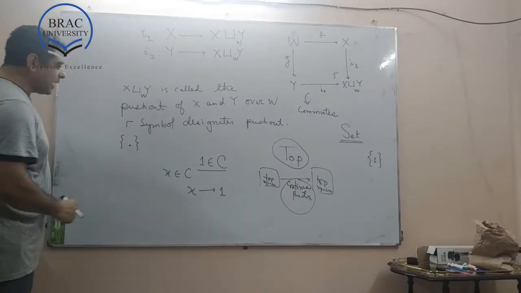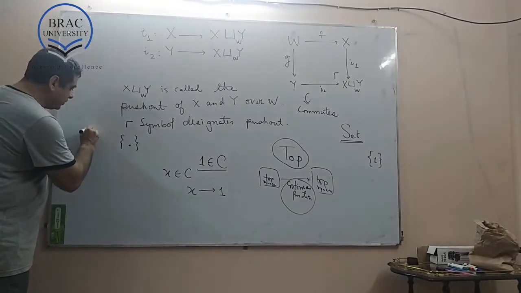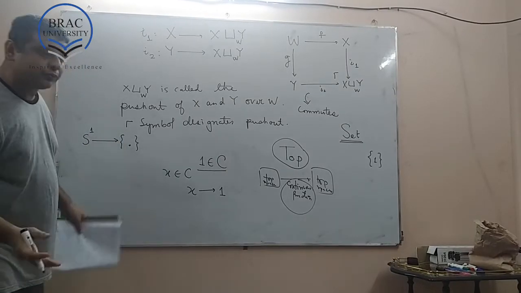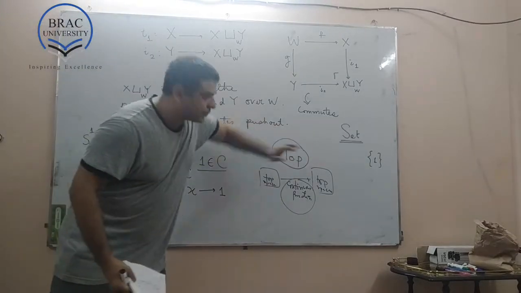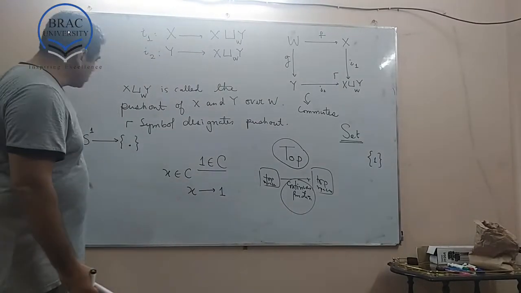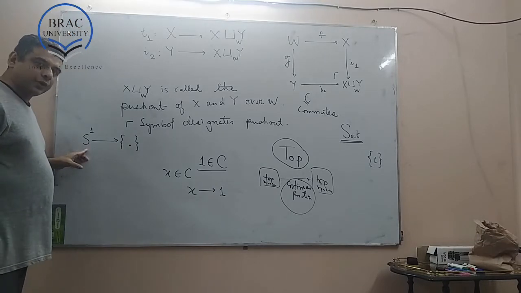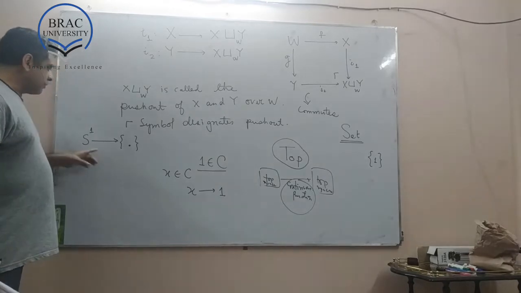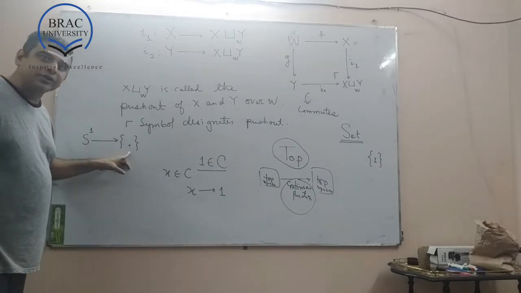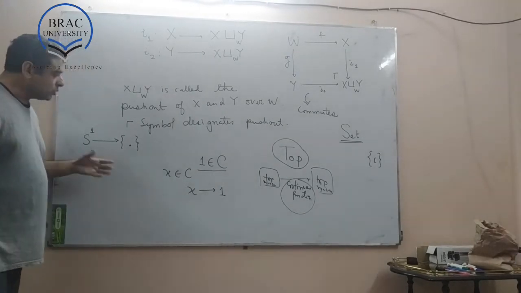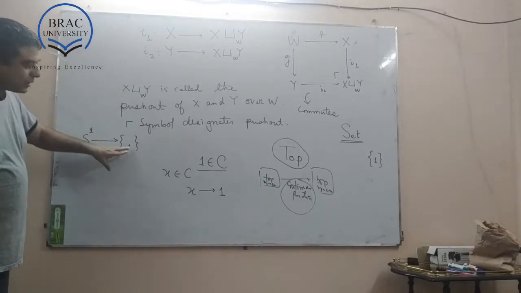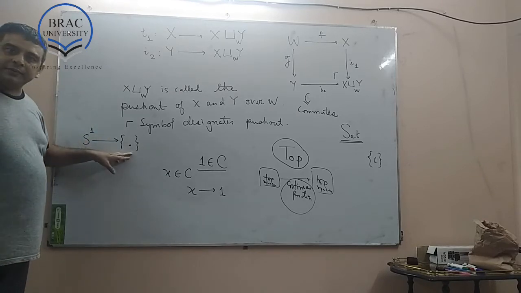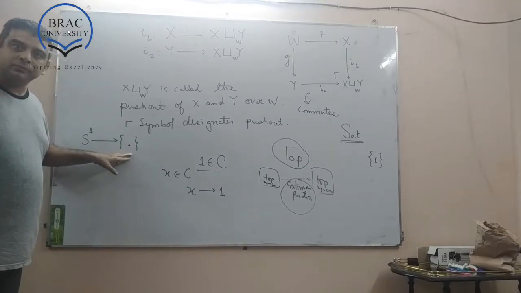So, if I take another topological space, which is a circle, then I have a unique morphism. And what is the morphism in this context? The morphism is a continuous function. So, if you have a circle, then there is a unique continuous function from the circle to this one-point topological space. What is that? Everything on the circle is taken to that point. That is the continuous function. Okay?